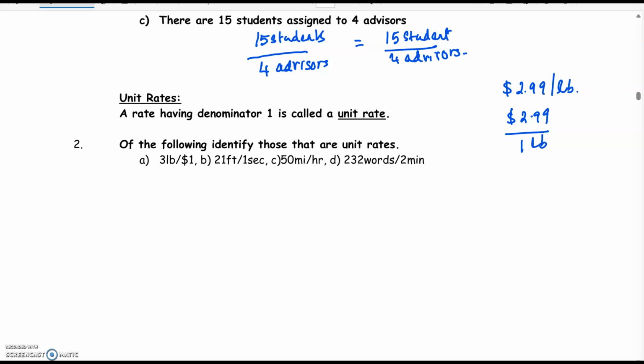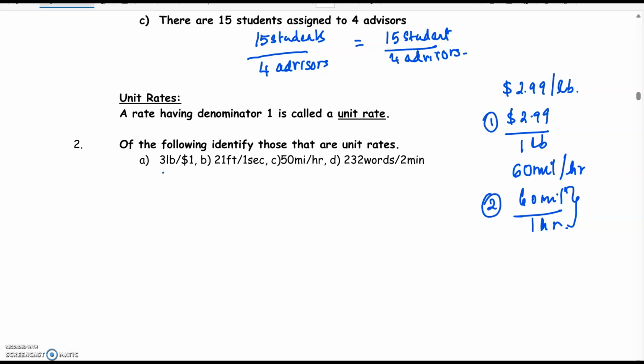Cost because it is money. 60 miles per hour is the same as 60 miles per 1 hour. So each of these is a unit rate.